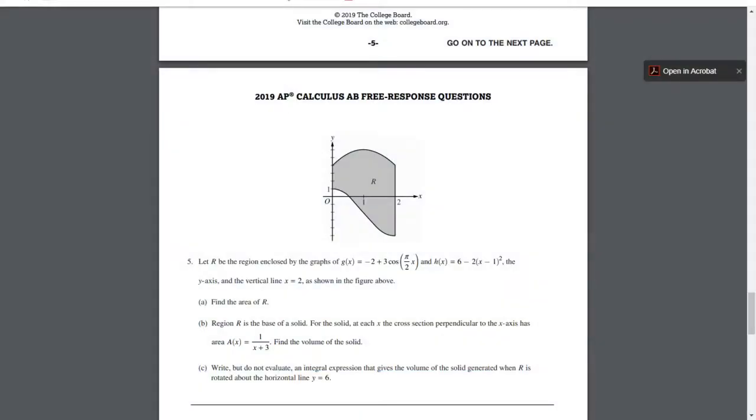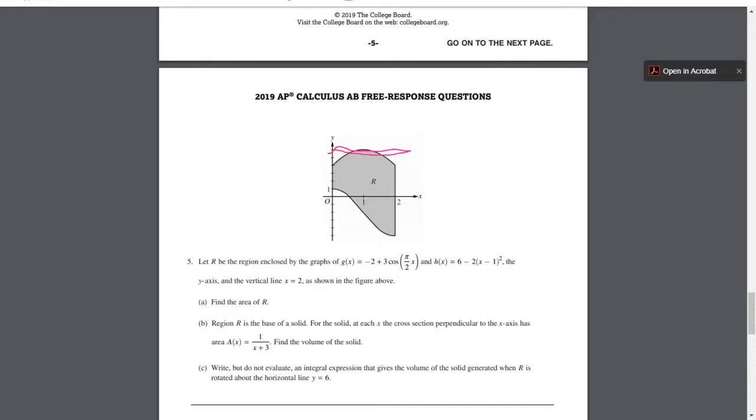For part C, write, but do not evaluate, an integral expression that gives the volume of the solid generated when R is rotated about the horizontal line y equals 6. So that's this line right up here. It just touches, it doesn't overlap with that at all. So we're drawing a bunch of washers.